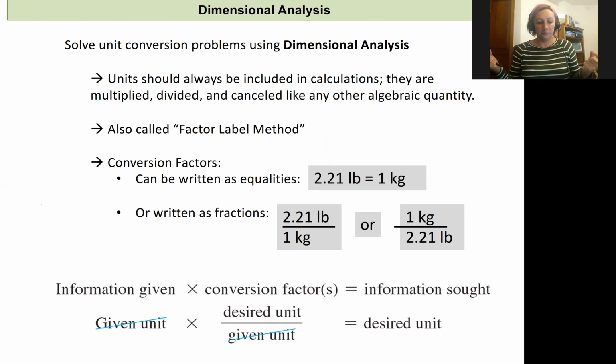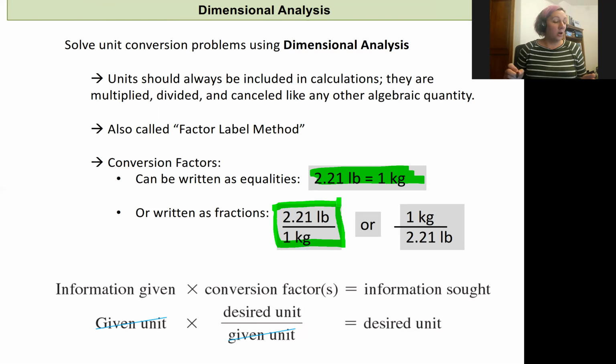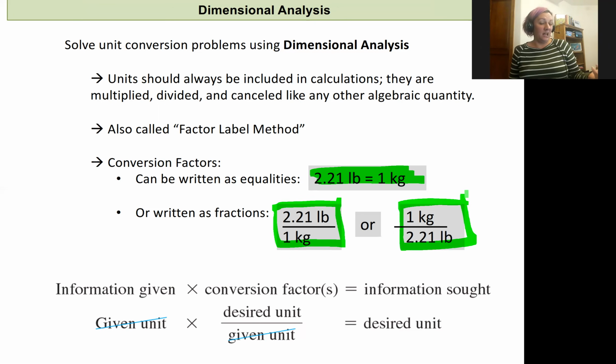So this relies on conversion factors, which can be written as equalities. So I can write the conversion between pounds and kilograms as 2.21 pounds equals 1 kilogram. And that would be it written as an equality. I can also write that conversion factor as a fraction, either 2.21 pounds per kilogram or 1 kilogram per 2.21 pounds.